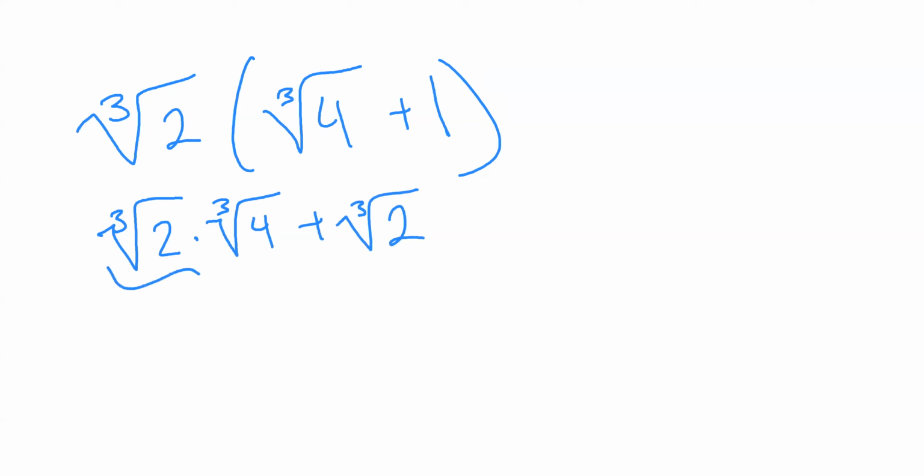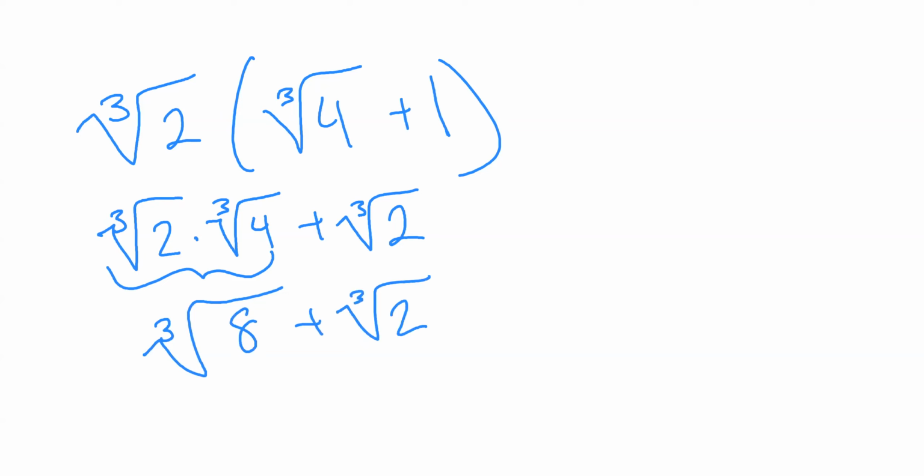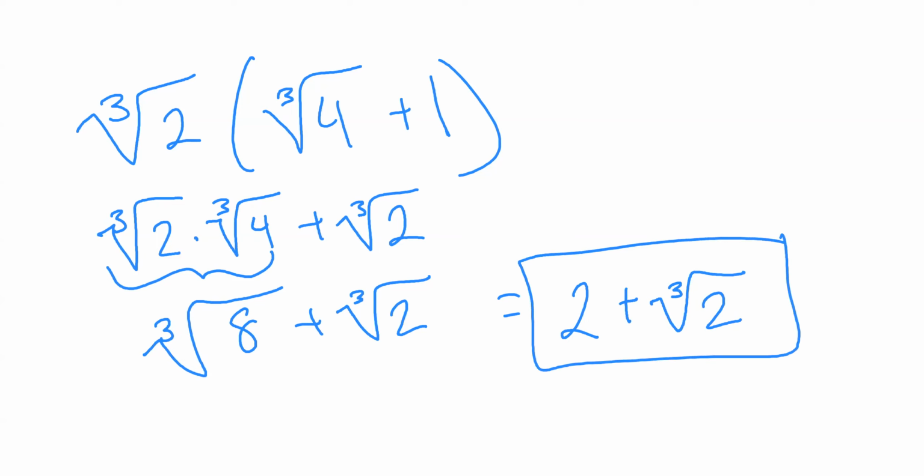Now we'll combine these two cube roots. We've got 2 times 4, which is 8. And we know that the cube root of 8 is actually just 2. So we end up with 2 plus cube root of 2. And that is that third problem multiplied out and simplified.